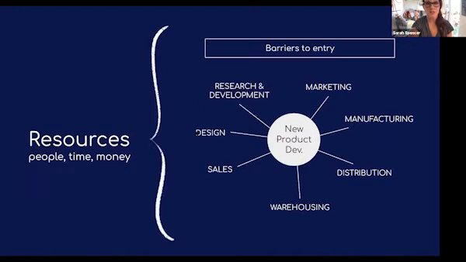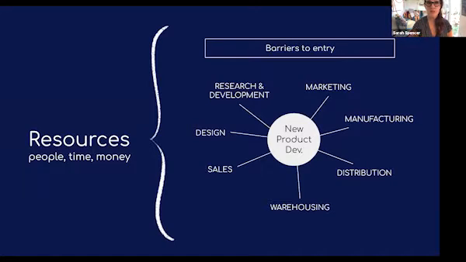The next piece of this is we're now going to consider our barriers to entry. So set that aside for just a moment. We're going to talk real quickly about the resources, the people, time, and money that get in the way or that we need in order to create these. So there are 7 areas in new product development, and you will touch on these ever so slightly in some way or form, and it might not even be really obvious.